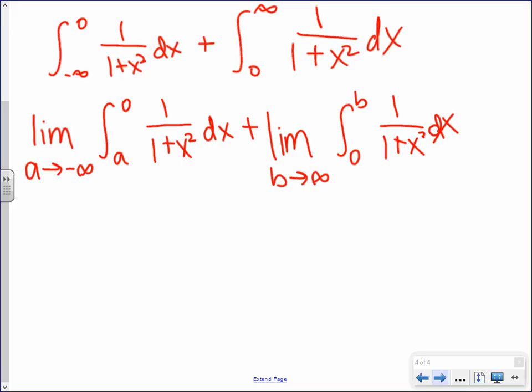Fair warning, this is not the last time you will see this in this section. This is just the arctangent rule.